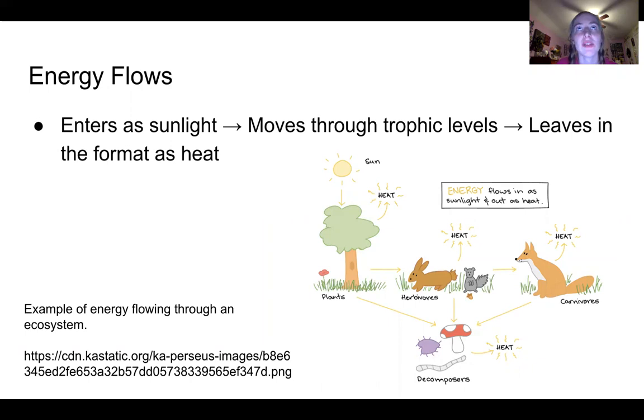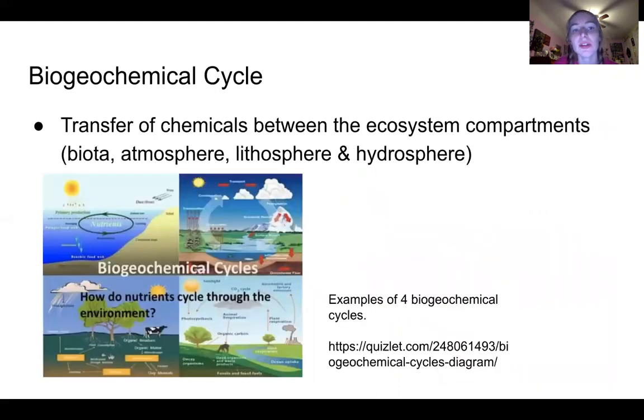At this point, you'll have some energy lost in the form of heat, and then it'll leave in the form of heat in the last step. And here's just a little example of how that looks in an ecosystem with some mammals and even some decomposers. A biogeochemical cycle is the transfer of chemicals between the ecosystem counterparts, which is your biota, your atmosphere, your lithosphere, and your hydrosphere. There's lots of different biogeochemical cycles.